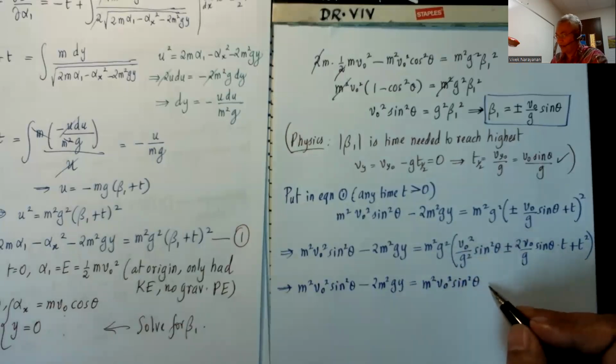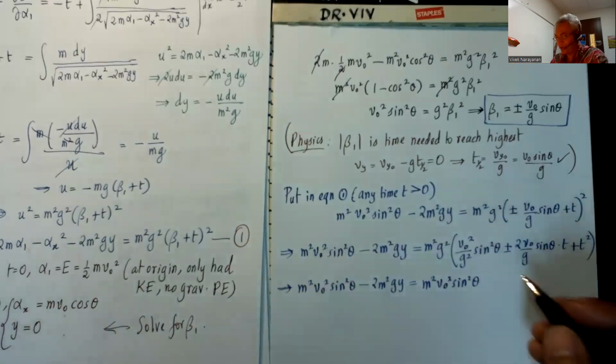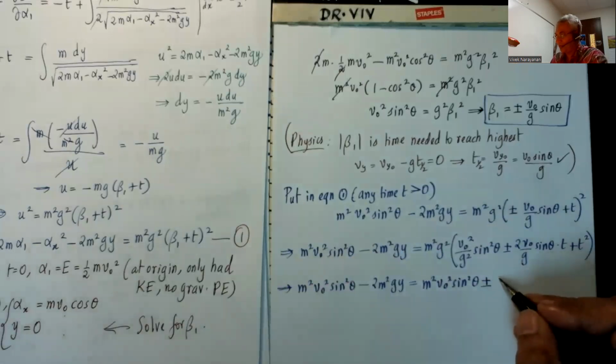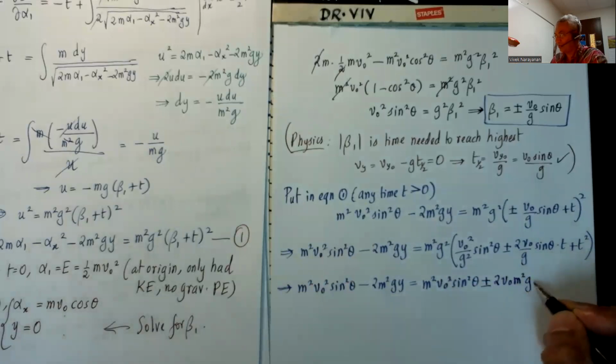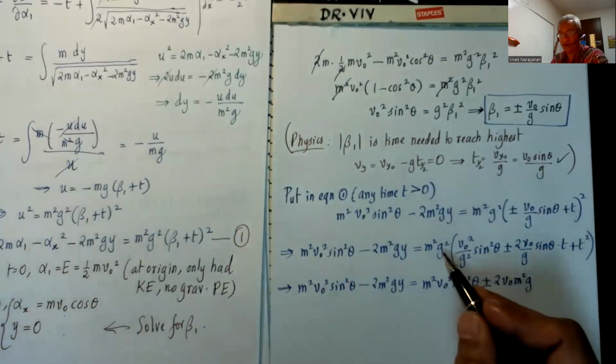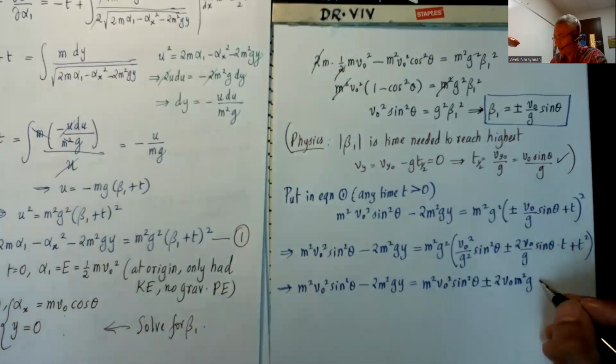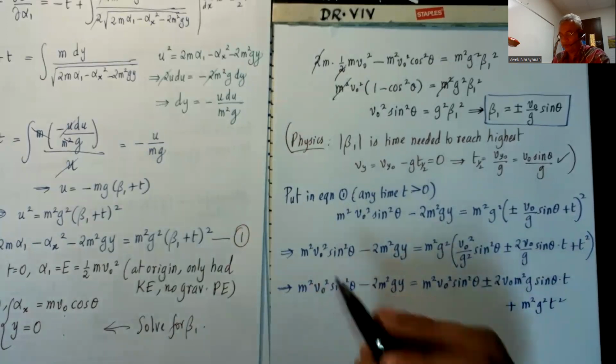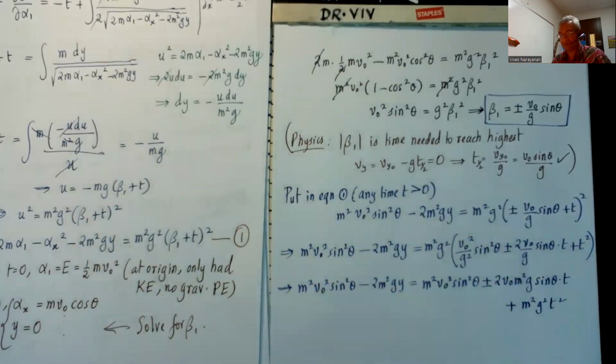And then I guess I could have canceled the m squared. Well, too late. Plus or minus 2 v naught m squared g squared. Well, there's one g that takes care of g squared, so it's just g sine theta times t plus m squared g squared t squared. Now I'll get rid of the m squareds first.